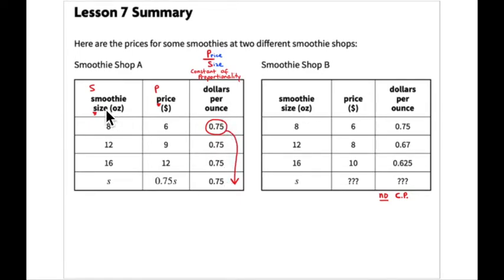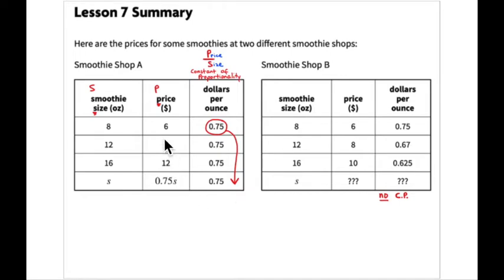Regardless of the size of the smoothies, the price is always the same per ounce. So you get that answer by dividing the price by the size of the smoothie. That's the constant of proportionality. So take the price, which is the Y column, divide that by the size, which is the X column, and you always get 75 cents per ounce, or 75 hundredths of a dollar per ounce.